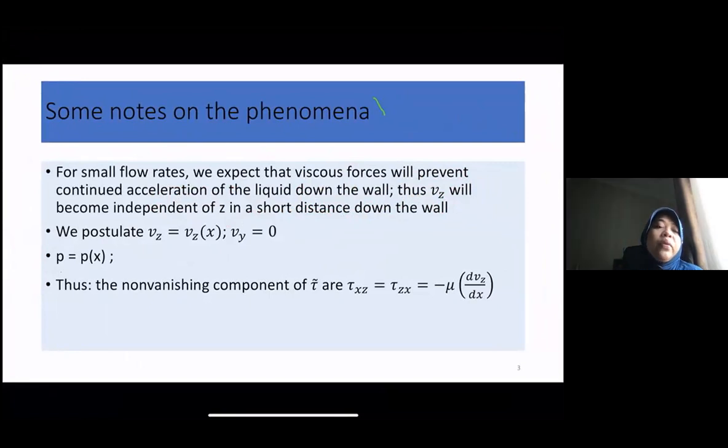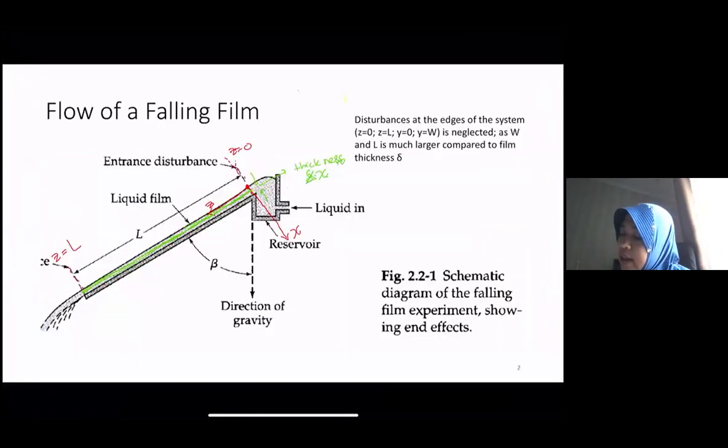So we can postulate that Vz would be only a function of x. Because of gravity there would be a flow in Vz, but the Vz we know is only a function of x.